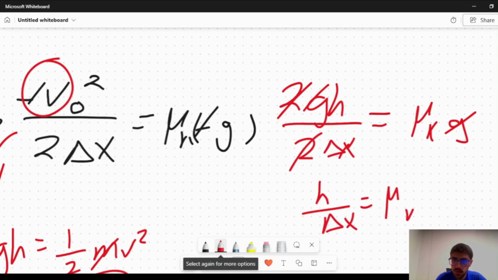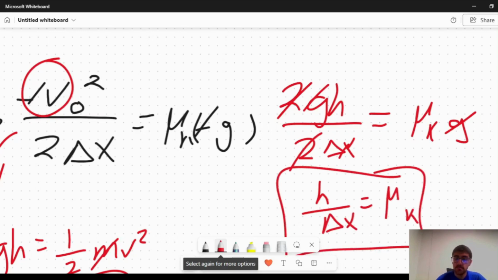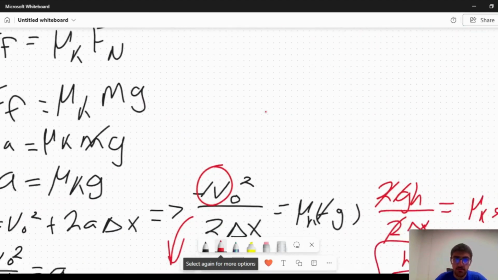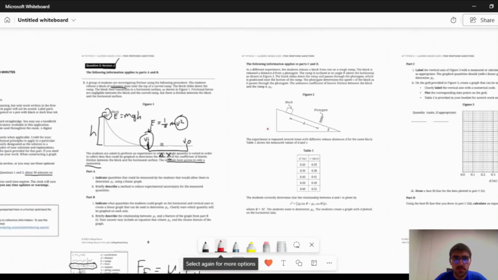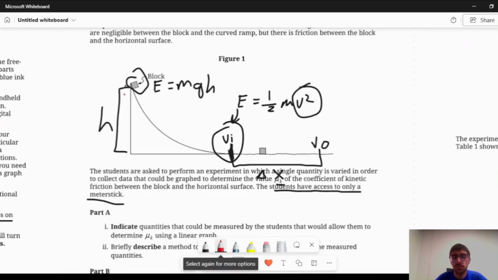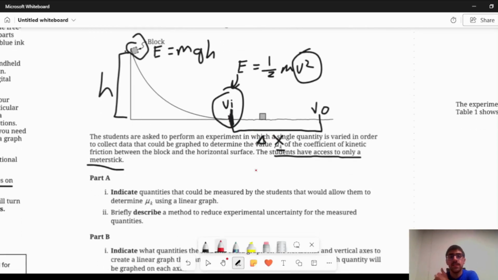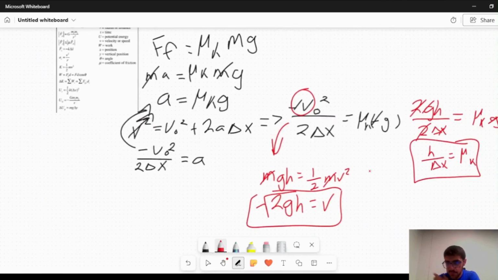And height is, as I labeled it on the diagram, the distance where we drop the block from, which we can vary, or the students could vary. And then the change in x is the distance that it travels on the horizontal surface, and that is something else we can measure using a ruler. So this is a viable equation for it.